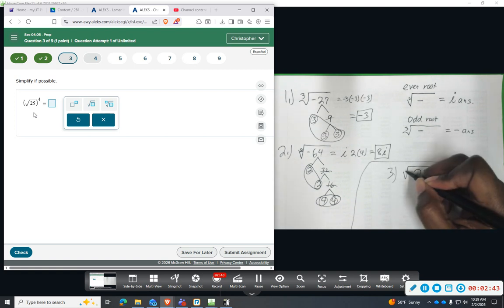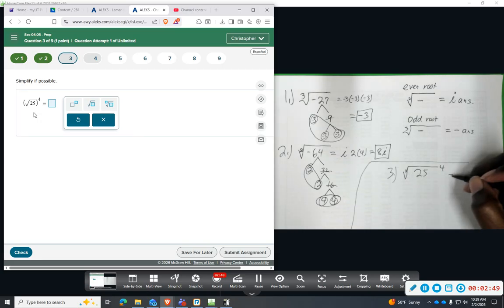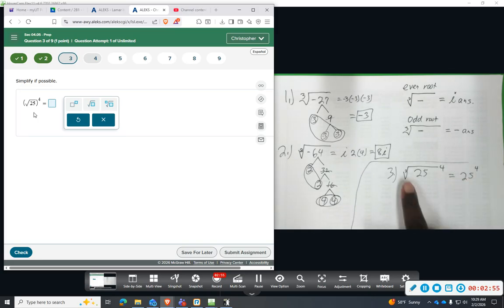So this is understood to be a 2, okay? Understood to be a 2. So what this means is we're going to take 25, we're going to raise it to the 4th power, that's going to be on the top, and whatever your radical is, it goes on the bottom. So this is raised to the 4 divided by 2 power. Now 4 divided by 2 can be reduced. 4 divided by 2 is 2.